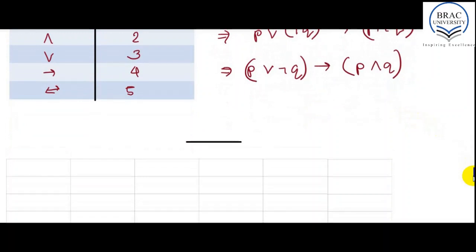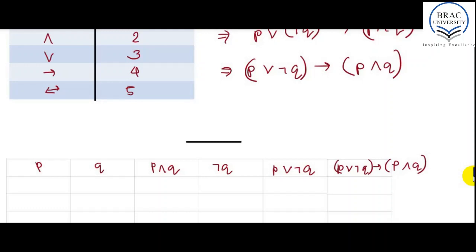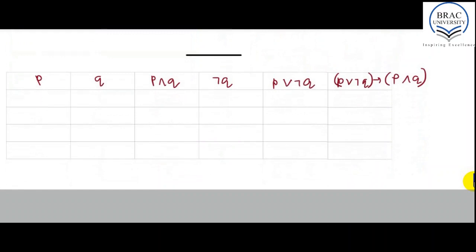We have mainly two variables, P and Q. Then we need P and Q, and we also need not Q. Then P or not Q, and then we need the total, P or not Q implies P and Q. So let's create this table.